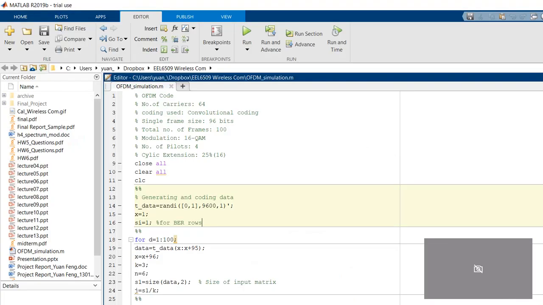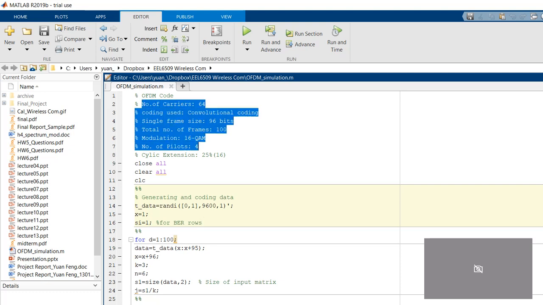And the last part, I will give you a brief look at my code. Here I use convolutional coding as my channel coding method, and the number of subcarriers I choose is 64, the single frame size is 96 bits, and the total number of frames I determine as 100.